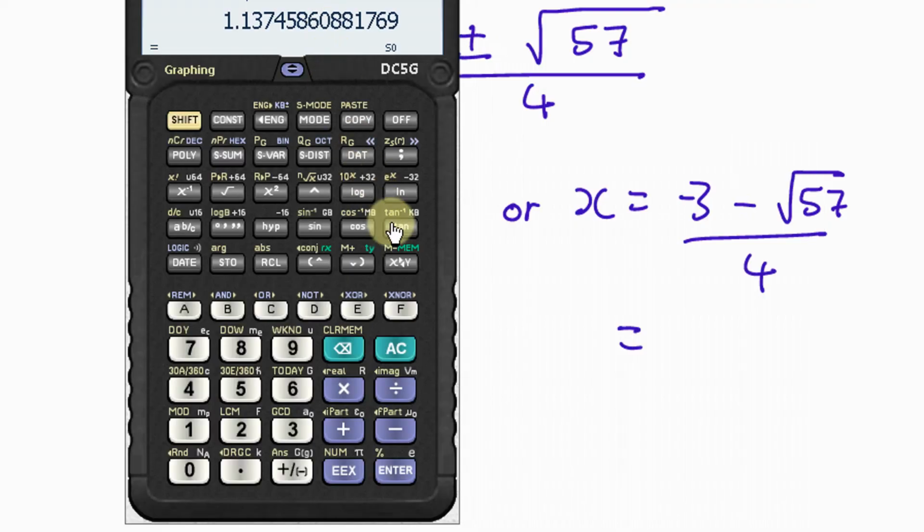Then we can work out the second value of x. So negative 3 minus square root 57 divided by 4. So corrected to 2 decimal places, it's negative 2.64.